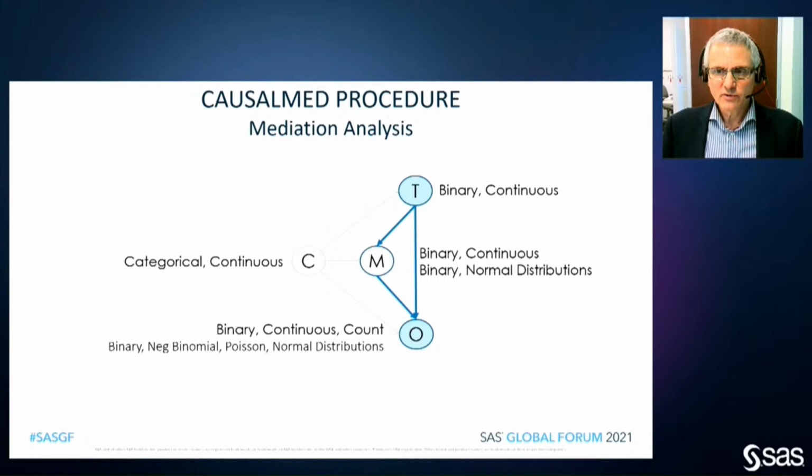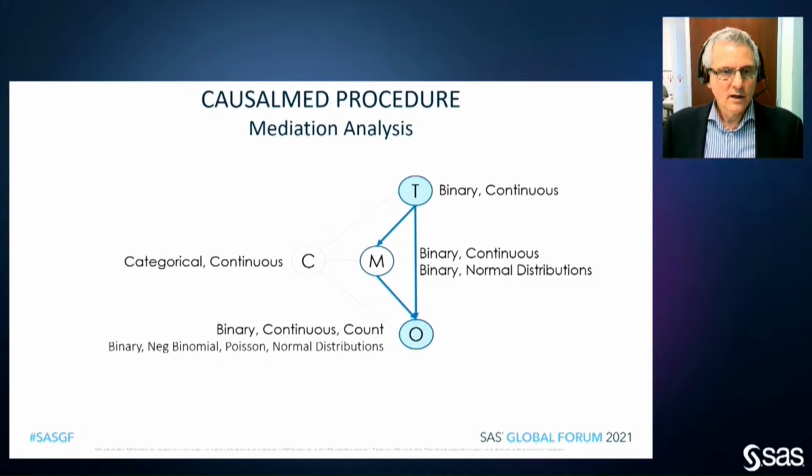And CAUSALMED fits generalized linear models for measurement scales listed in this slide. So for treatment, we can have binary and continuously measured treatments. The mediator can be binary or continuous, and CAUSALMED supports binary and normal distributions. The confounders can be categorical or continuous, and the outcome can be binary, continuous, or count.